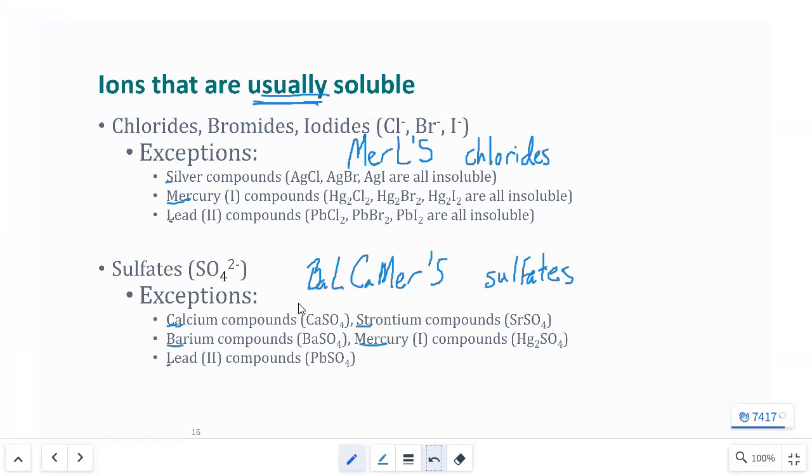So if you notice, mercury 1 and lead are exceptions in both of these groups. Mercury 1 and lead have some kind of unique chemistries when it comes to their solubilities. And so they're in both sets of exceptions. So that is the group of ions that are usually soluble.